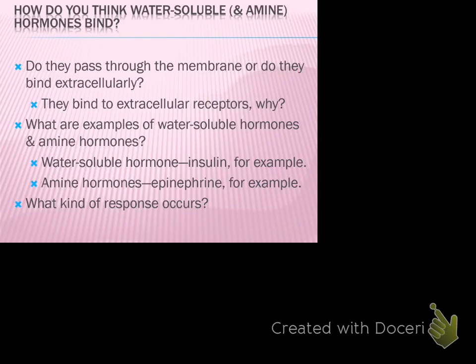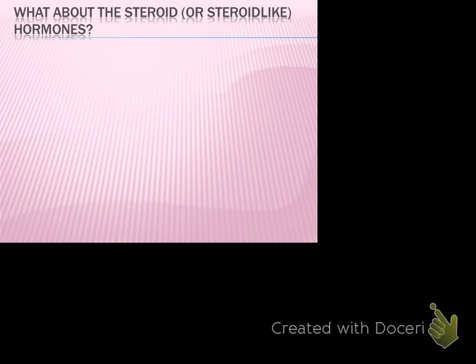So on the other end of the spectrum, we have the steroid or steroid-like hormones. So these are lipophilic. If we just wanted to think about their relationship with the membrane, are they going to be able to pass through the membrane or typically not be able to pass through the membrane?